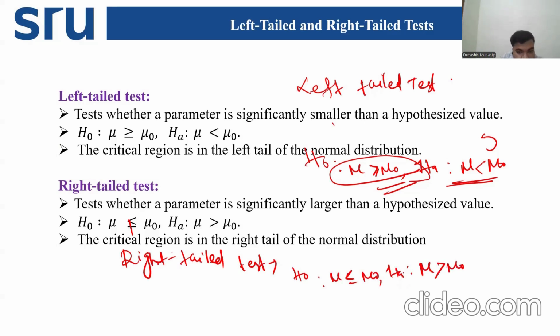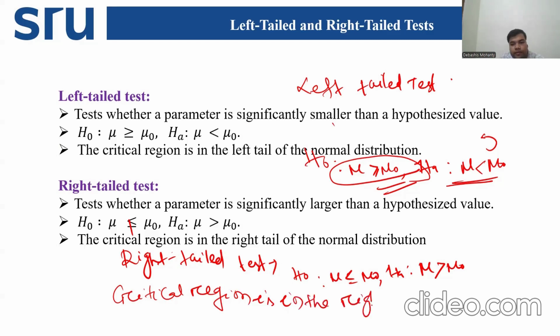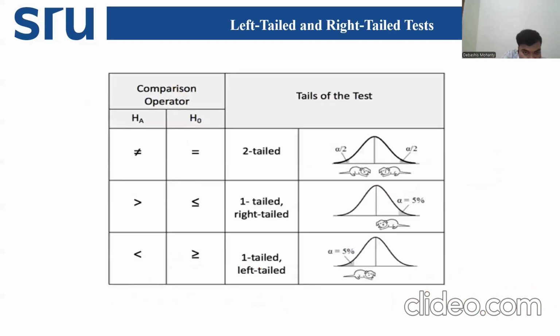That means the critical region is in the right tail of the normal distribution. This is the right tail.